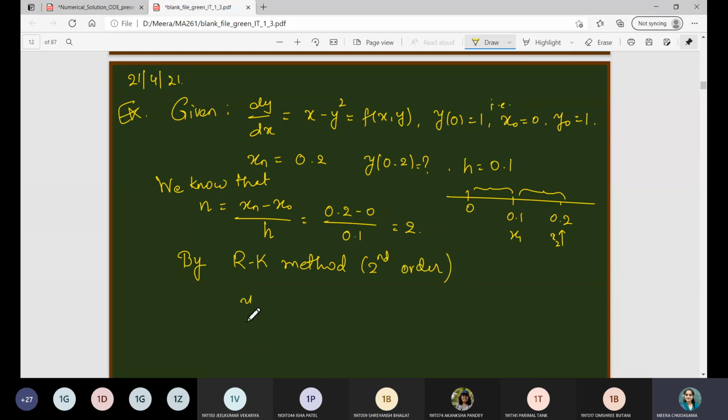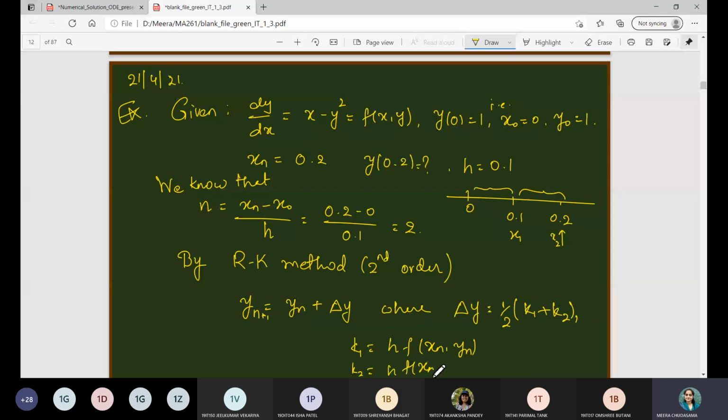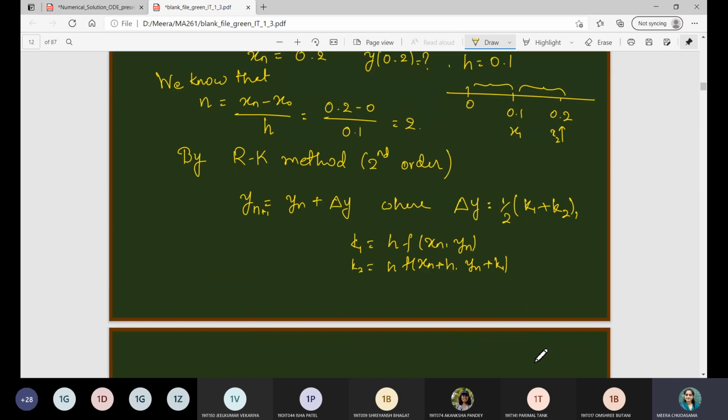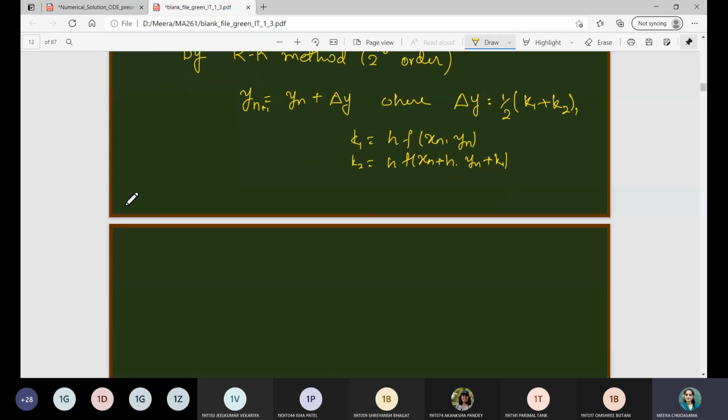The formula is yn plus 1 equals yn plus delta y, where delta y is nothing but 1 by 2 times k1 plus k2, where k1 is h f at xn, yn, and k2 is h f at xn plus h, yn plus k1, right? So this is the formula to compute by the RK method. So we will now write down and consider the first iteration.